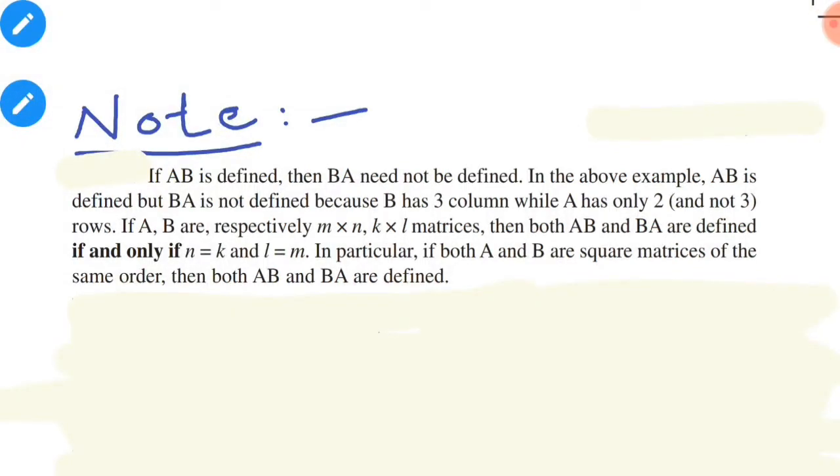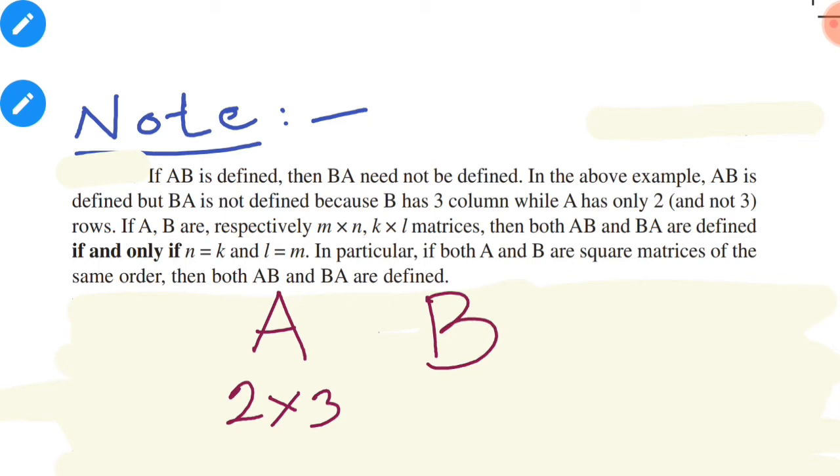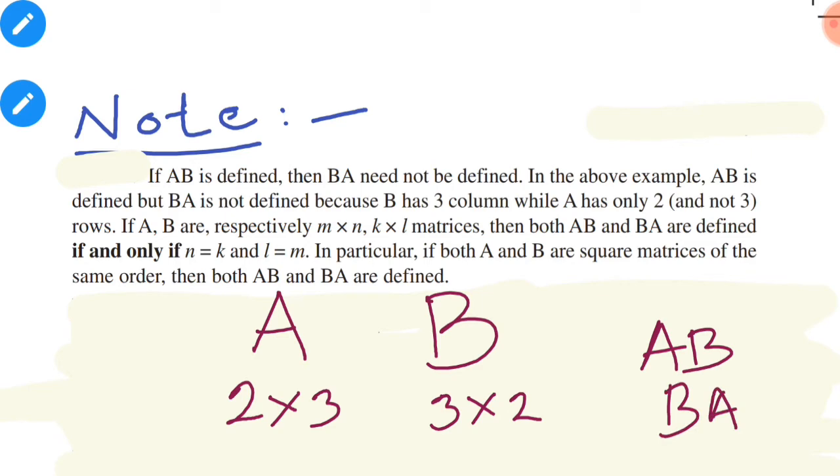For example, if A is of order 2 by 3 and B is of order 3 by 2, then AB and BA are defined, since 3 equals 3 and 2 equals 2.